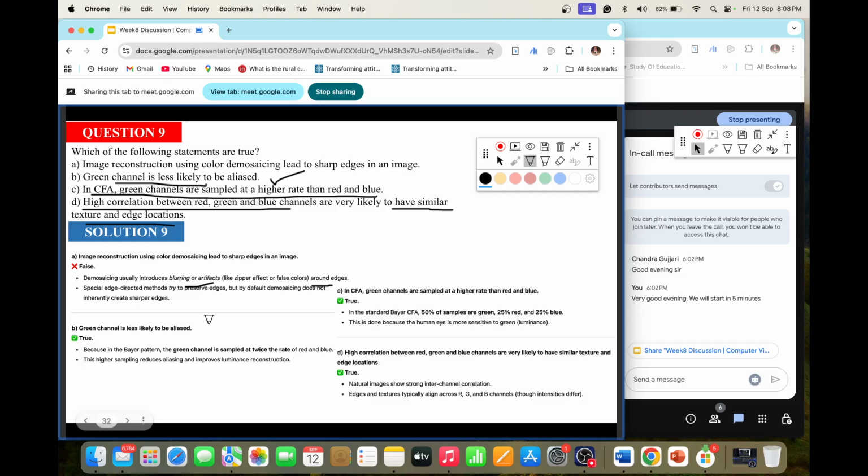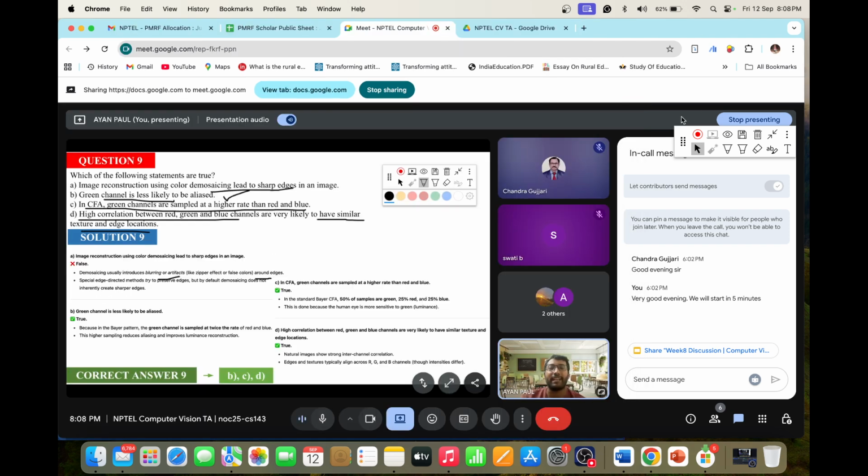Spatial edge-directed methods try to preserve edges, but by default demosaicing does not inherently create sharper edges. So it is false, because it has been given that demosaicing leads to sharp edges. It is not true. Demosaicing usually leads to blurred edges. So option A is false, and options B, C and D are true. Options B, C and D are your correct answer.